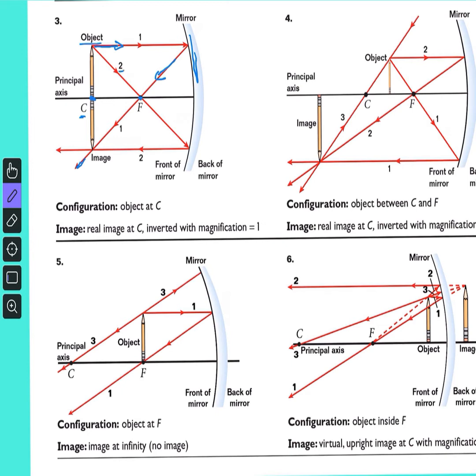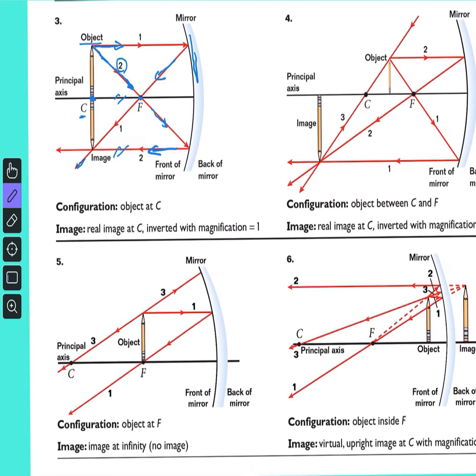For the second rule, when you send the light from the head of the object through the focal point, there is no way, it must reflect back parallel to the optical axis. Look, this is parallel with this one.